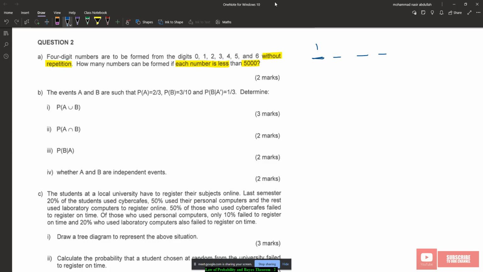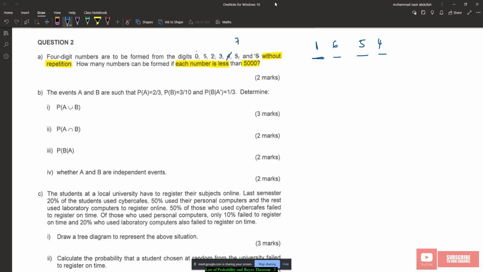So how many numbers do we have? 1, 2, 3, 4, 5, 6, 7. So we have 7. So we already picked 1 here, so we are left with 6. Right? 0, 1, 2, 3, 4, 5, 6. We are left with 6. And then the next ones should be 6, 5, 4.